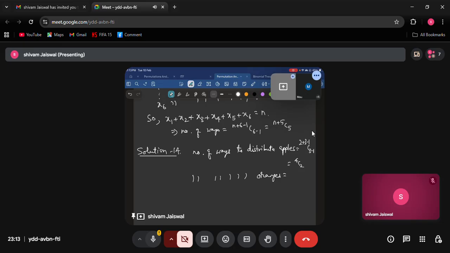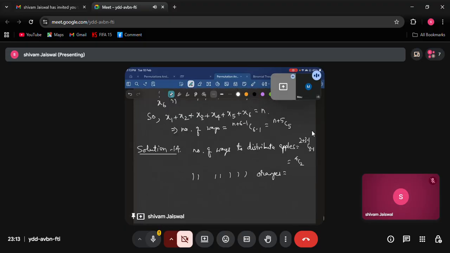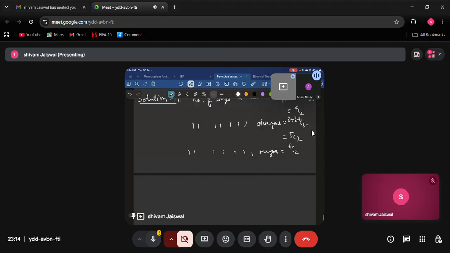How many oranges are there? 3 oranges. So won't it be 3 plus 3 minus 1, C, 3 minus 1? That is 5C2. And what is the number of ways to distribute mangoes? 6C2.